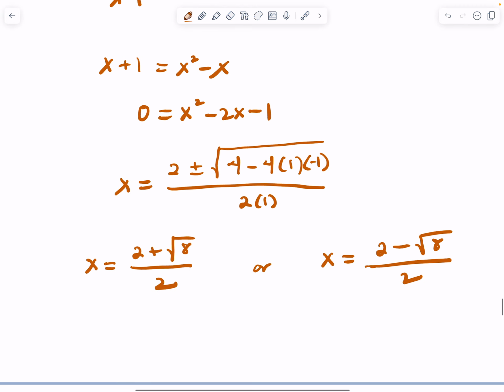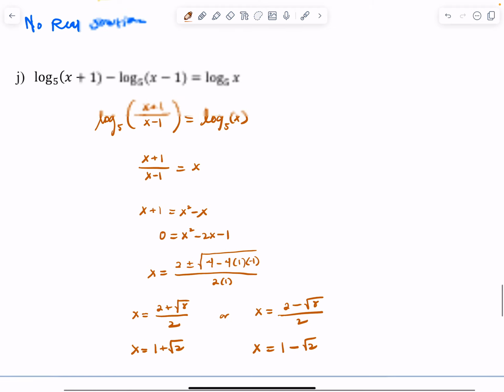And we know the square root of 8 can be rewritten as 2 root 2. So this could actually be written as x equals 1 plus root 2, and this would be x equals 1 minus root 2.